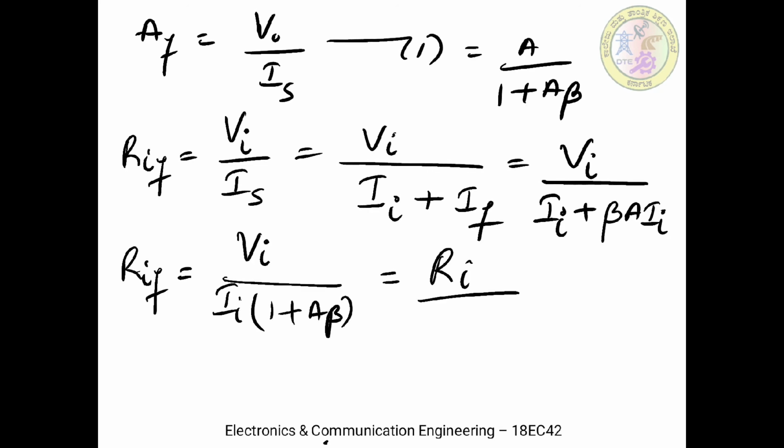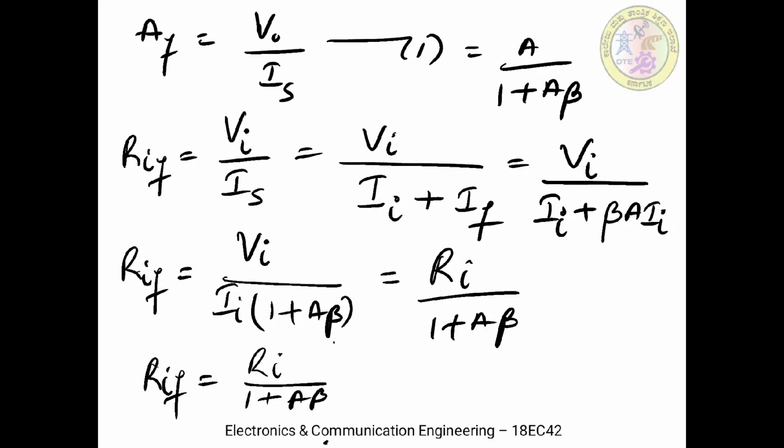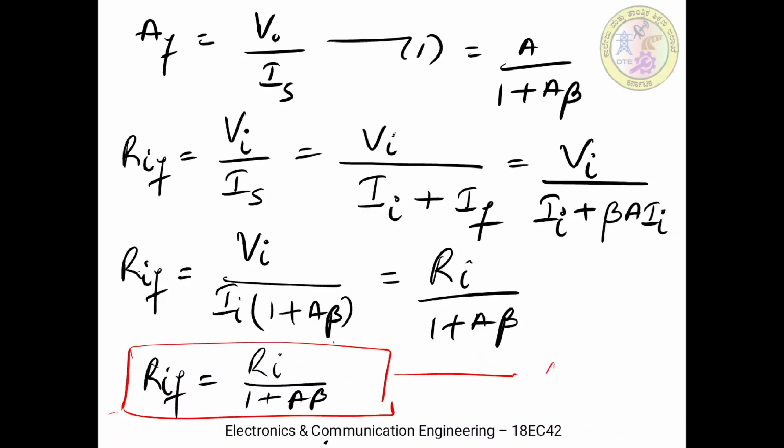So RI divided by 1 plus A beta. Therefore the input resistance with feedback RIF will be equal to RI divided by 1 plus A beta. This is the important input resistance relation in case of the shunt configuration.